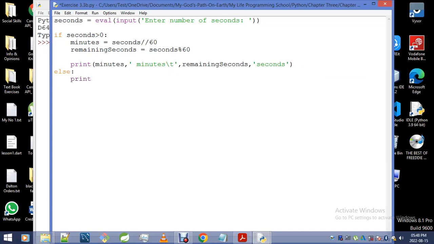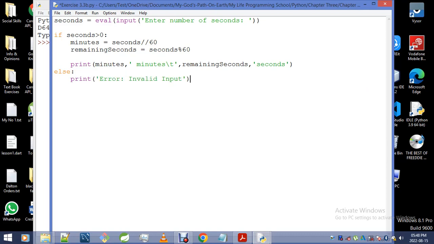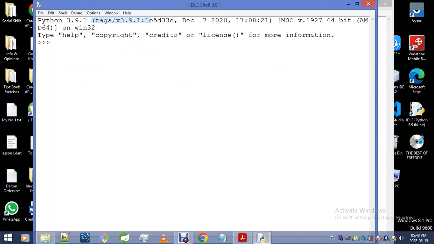Otherwise, I would know that we have an error, so I have to let the user know that the input is invalid. Okay, this is a more convenient way, you guys, of solving this problem compared to the solution I gave you last time, right?